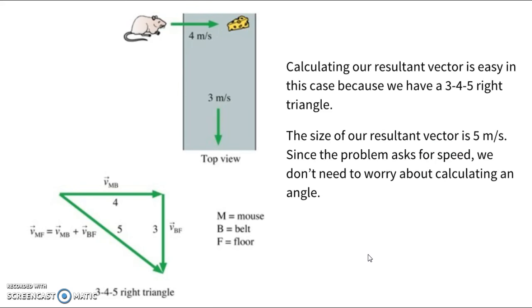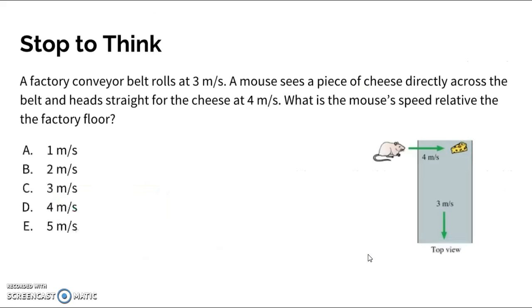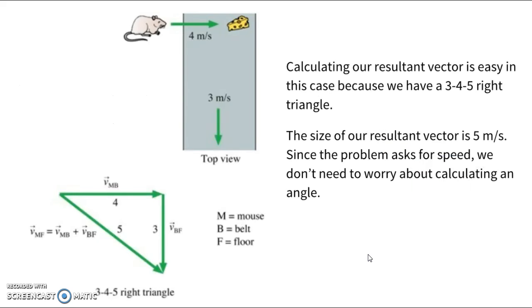In this case, we're looking for the resultant vector again. So again, we're going to get a velocity vector. What's nice is we're looking for speed, so we don't have to calculate the angle. If you look on the previous slide, it asks for the mouse's speed, so we don't have to do that extra step. To find speed, we just need to find the hypotenuse of this triangle.